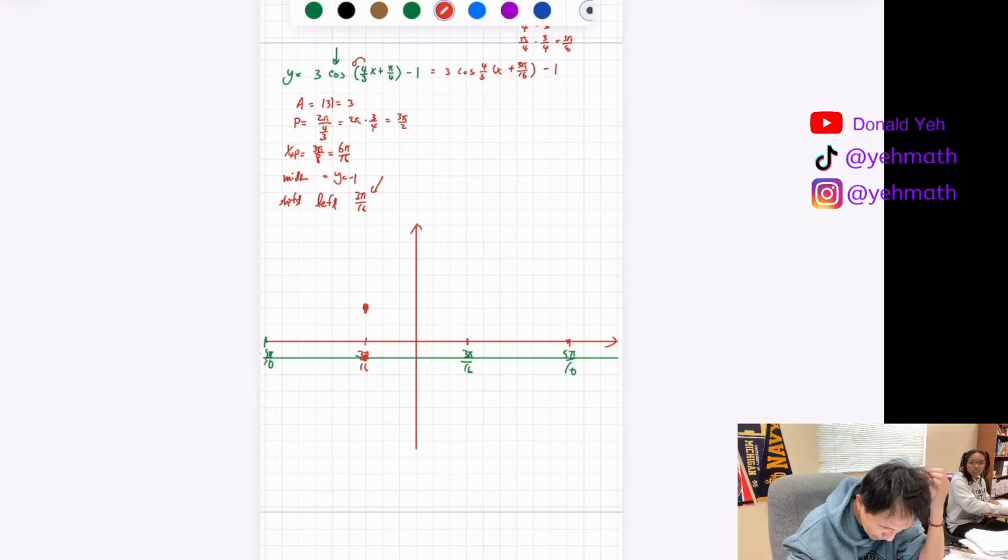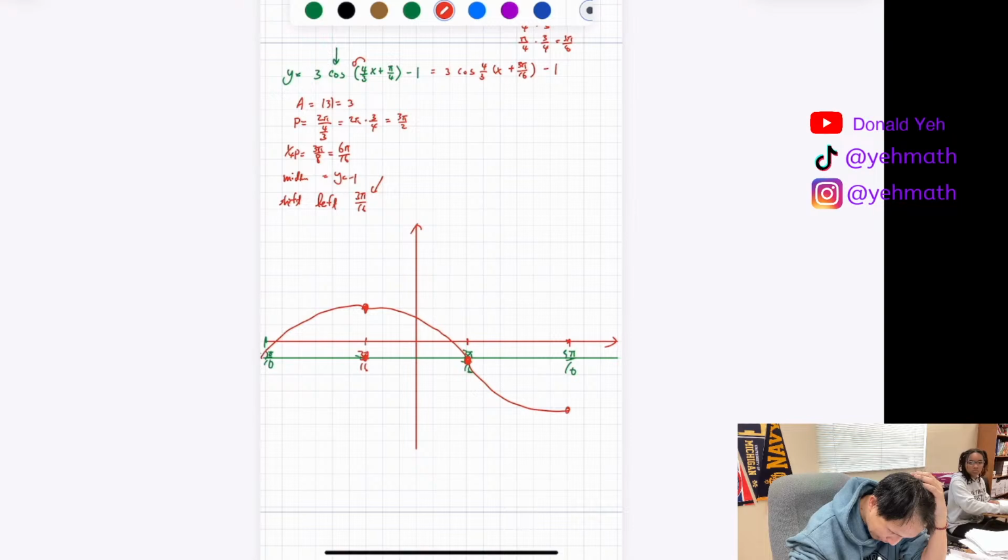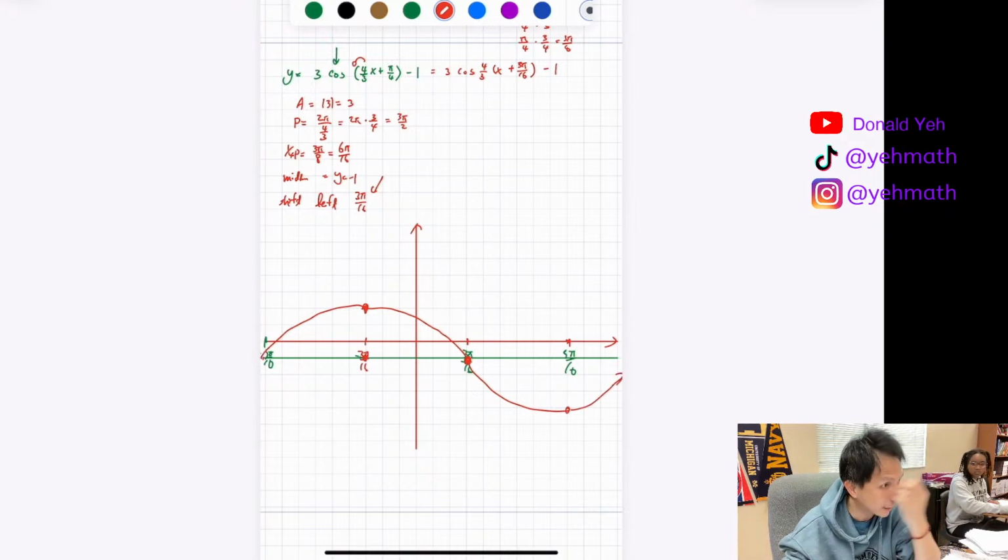Does that make sense? And it's coming down like this, and it's coming down like this. So this is graphed like this, and this is graphed like this. And that should be a whole period right there.